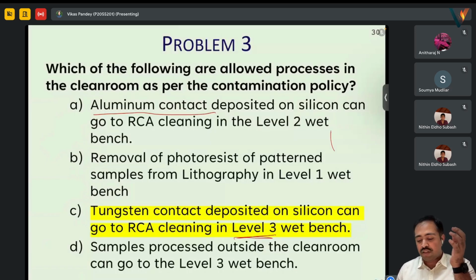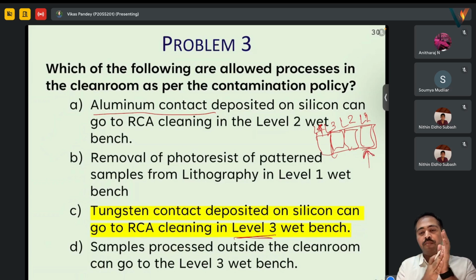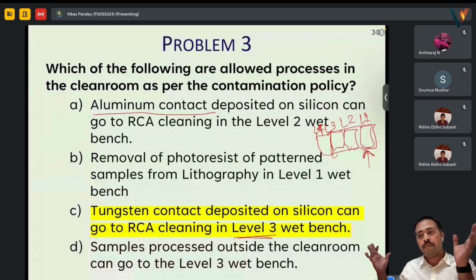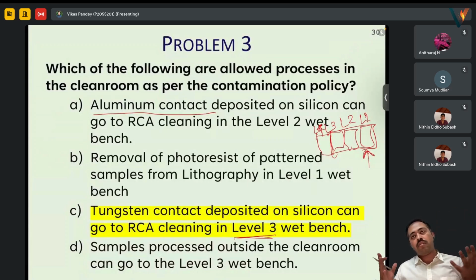I said that there are different zones: level 1, level 2, level 3, level 4. Level 1 is the purest area, level 2 is a bit less clean, and level 3 is even lesser, because you cannot maintain a very clean area directly. You will have to transition. Outside we try to make it clean, and inside it we make an even cleaner environment.